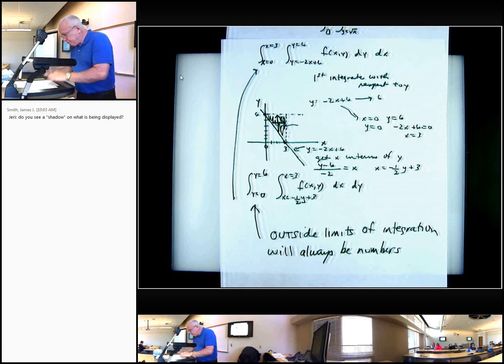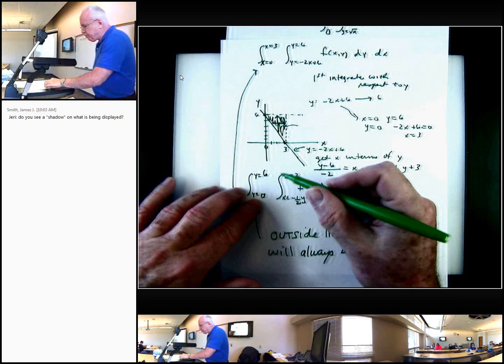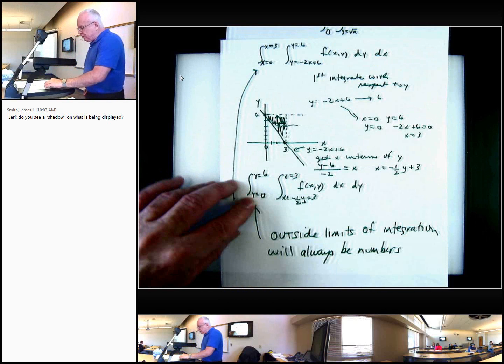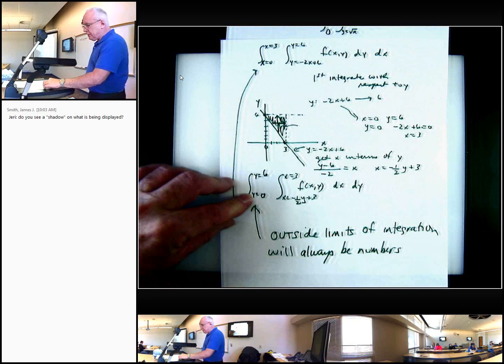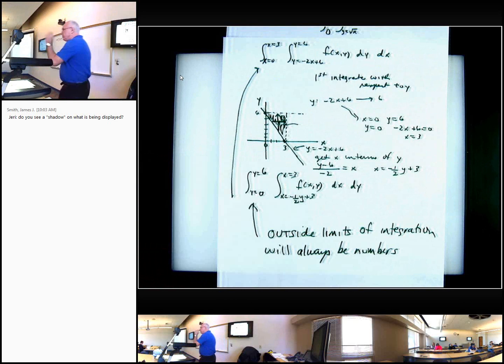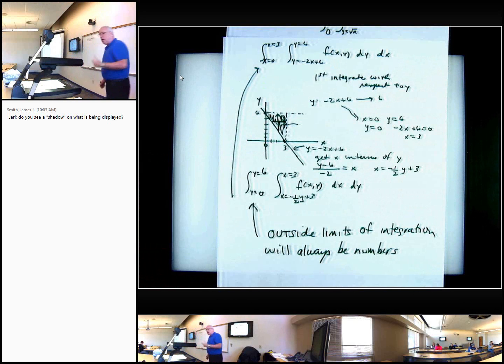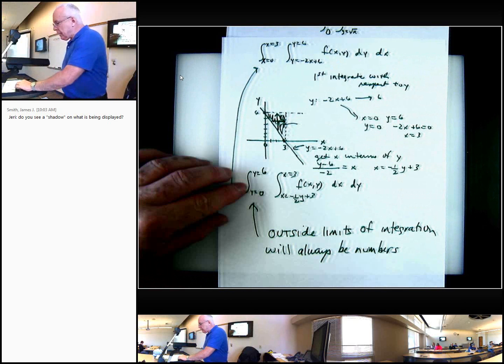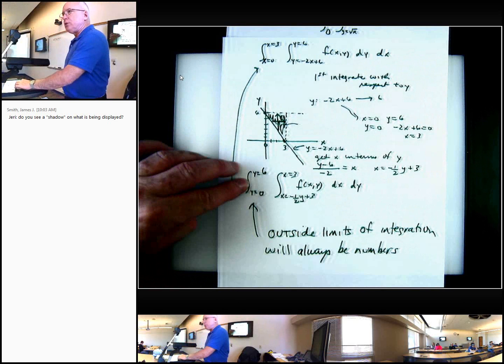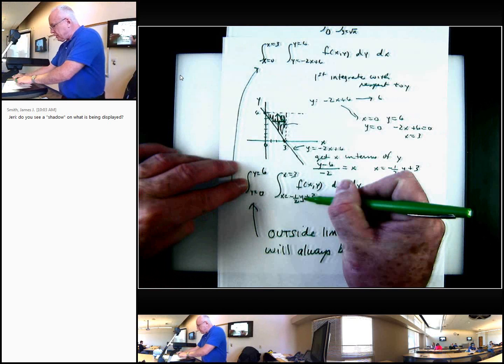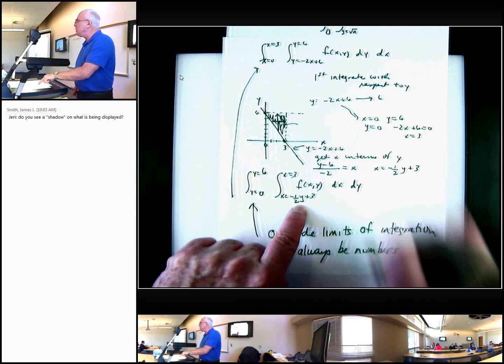Basically, what happens here, as y goes from, the outside limits of integration here are 0 to 6, all right? Or as you're putting it, 6 to 0. So as y takes on any value from 0 to 6, that gets plugged in here.